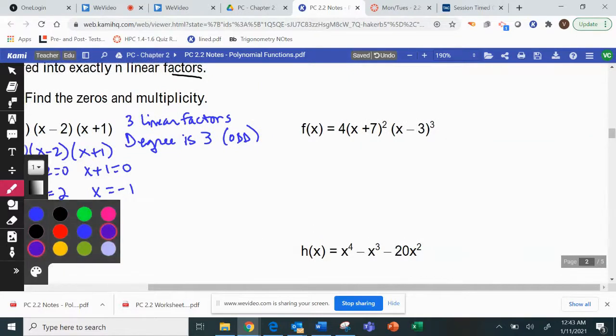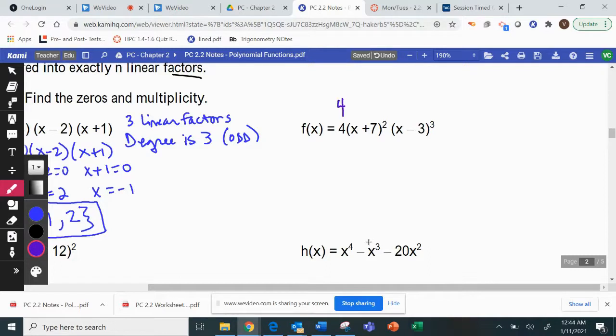So I'm going to start with the number of linear factors we have here. We've got x plus 7 squared, so that means x plus 7 and x plus 7. We've got x minus 3, x minus 3, and x minus 3. So we've got 6 factors, but we only have 5 linear factors.